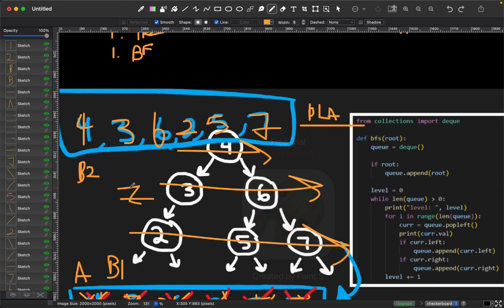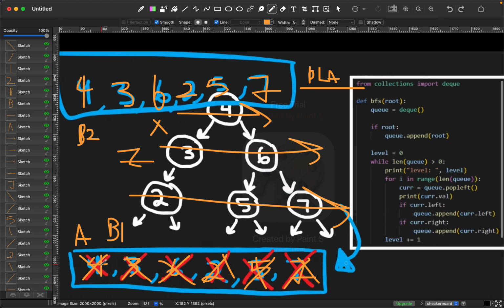And the X operation is just talking about trying to whip through every single level, and that's why you are seeing it happening for the 4, on the next level 3 and 6, next level 2, 5, 7. Each level I bring it out, I bring it out, I bring it out. That's what the X operation is talking about.